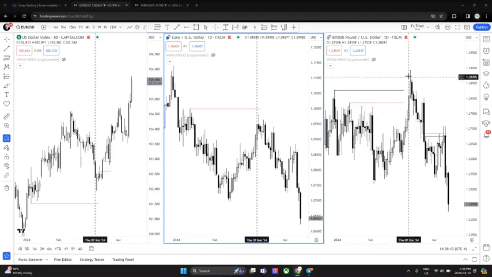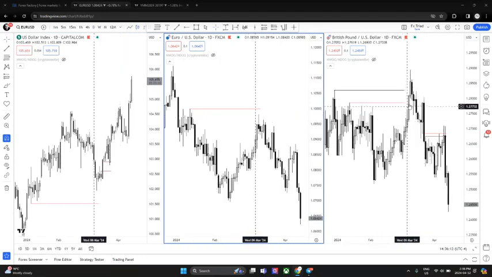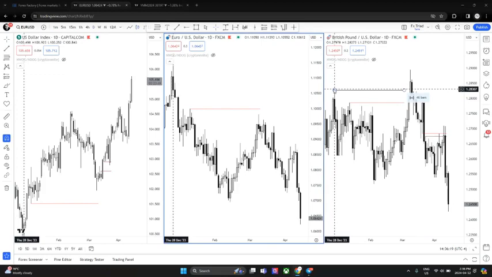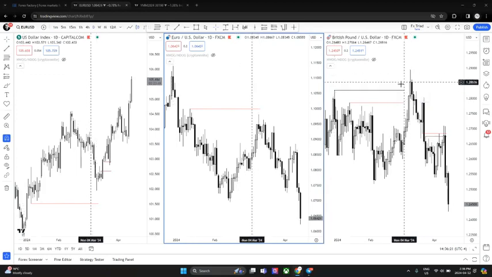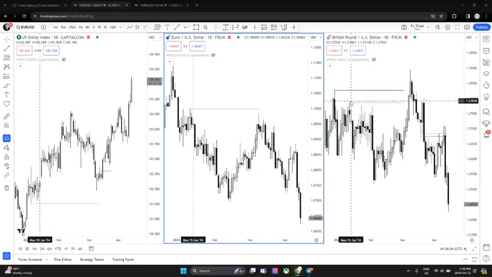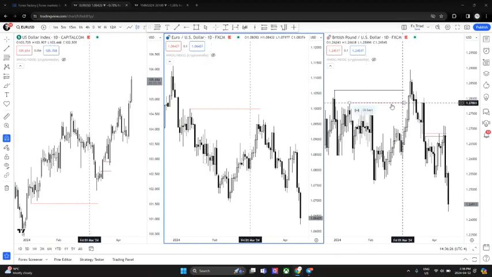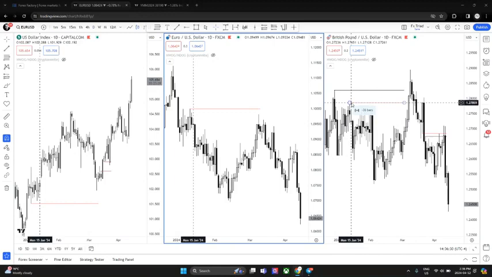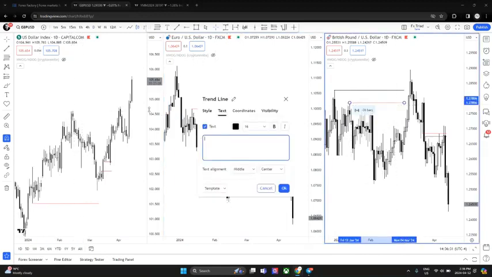But here we had sequential SMT, and below the sequential SMT, the high which caused that, we had regular SMT. So right here, this high, price trading above this high was SMT. Price trading above this high was sequential SMT.